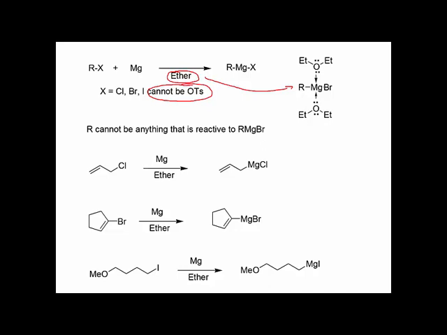R just can't be anything reactive to a Grignard reagent, so here are a few examples. This allyl chloride makes the allyl Grignard. This bromine, where the bromine is actually attached to sp2 carbon, makes the Grignard reagent, no problem. You can make a Grignard reagent in the presence of an ether. That's one of the functional groups that's okay. Obviously, alkenes are okay, as you can see by these examples too.